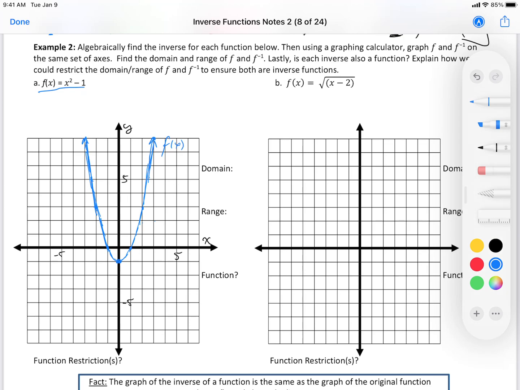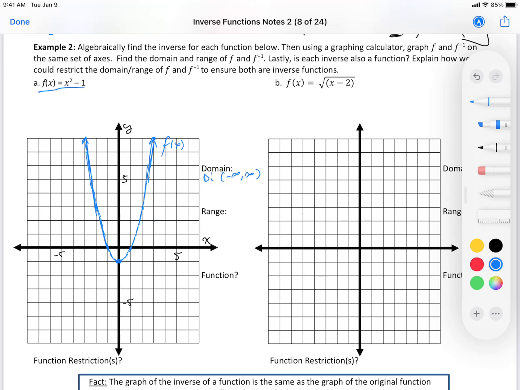Before we go on to the inverse, let's just talk about the domain of f of x. Who can tell me what the domain of just the original function is? All real numbers, or negative infinity to positive infinity.